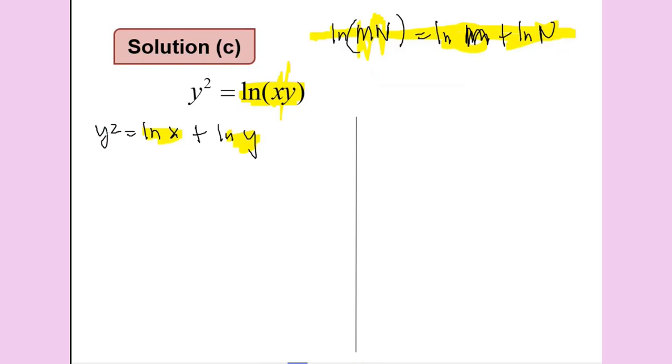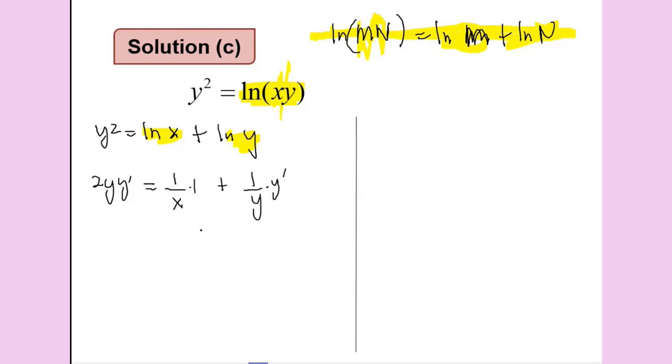Okay, dapat ini terus macam differentiate x squared, dapat apa x squared? 2x. Macam tu kan, tapi this is y kan, dapat 2y tapi y prime, dy dx. Ini ln x, 1 over x, differentiate x 1, plus 1 over y differentiate y dapat y prime.